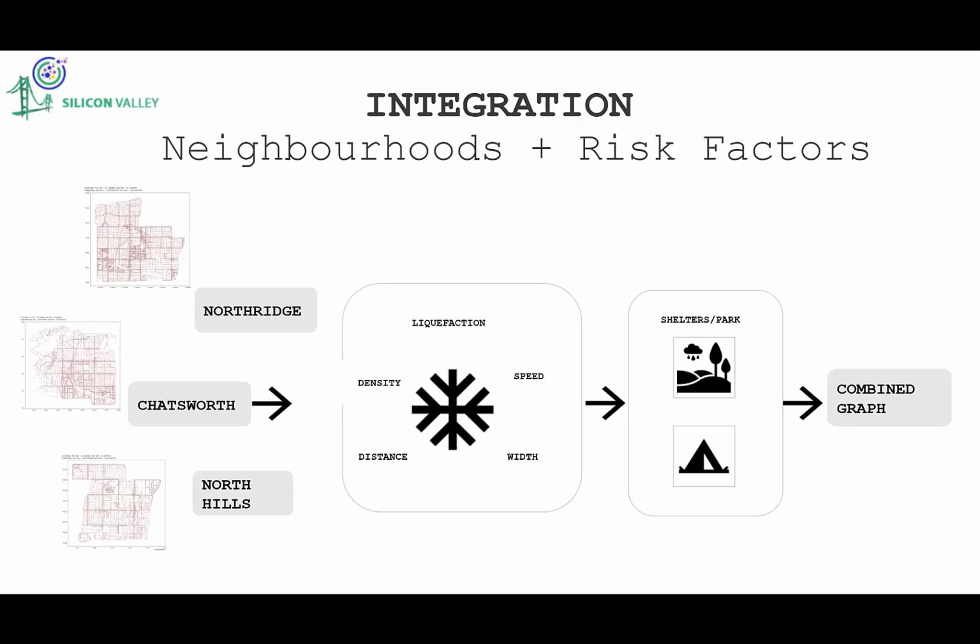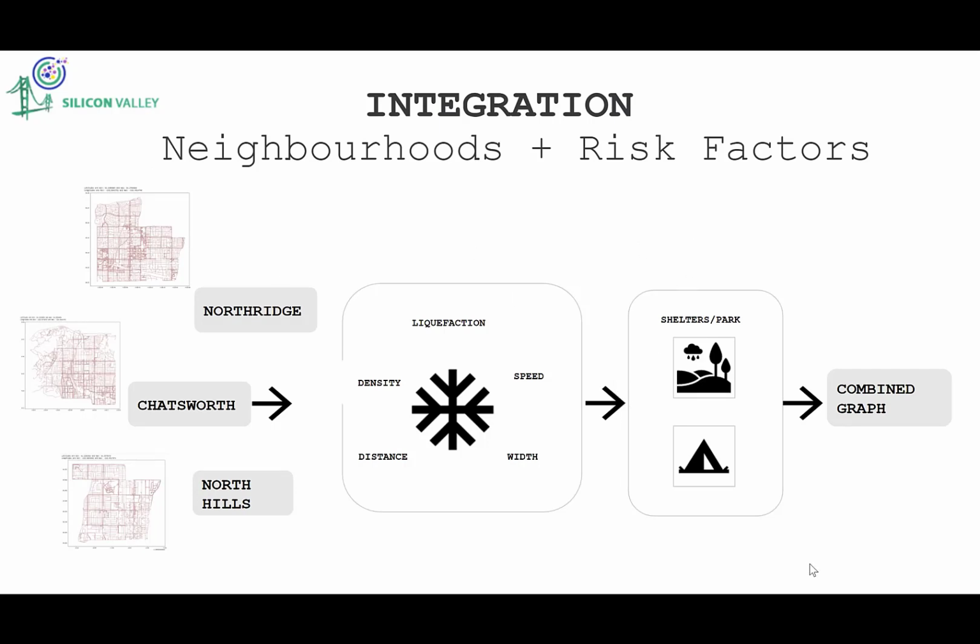And once these risk scores were calculated, we combined the risk scores and the neighborhoods. Since it was done by a lot of collaborators, all the risk factor calculations were done in parallel. So in the end, once the data was assembled, it was combined as a part of this integration step. So first we combined the risk factors, and then we combined all 3 neighborhoods.